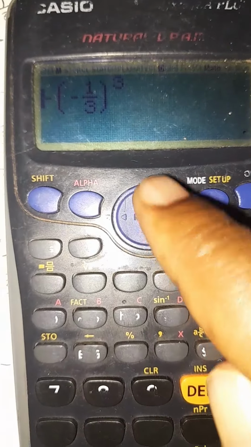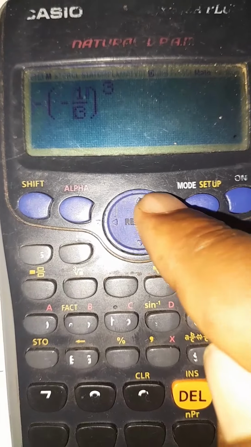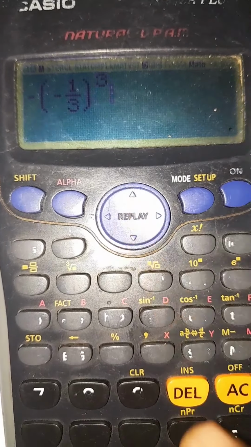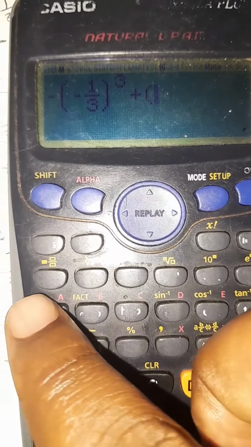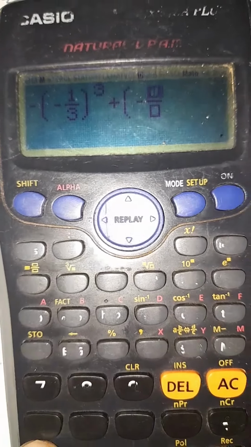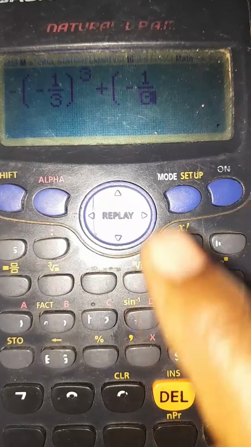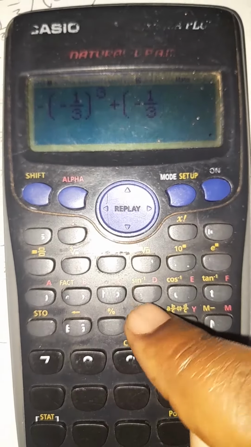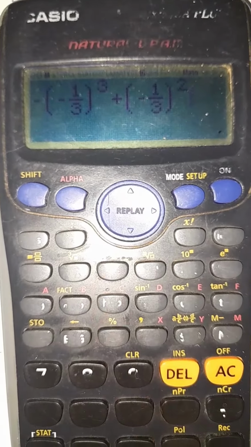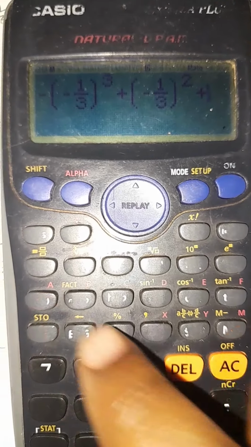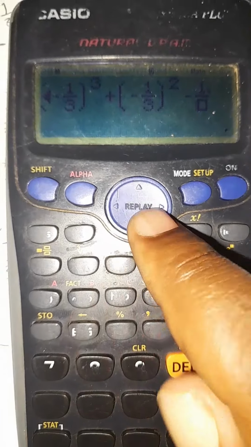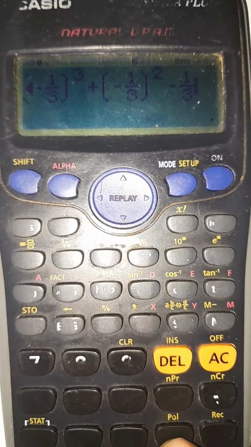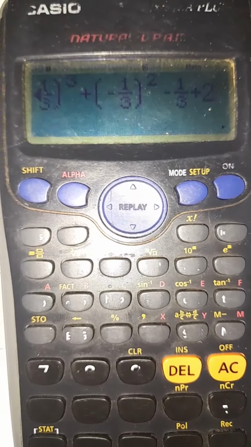Then let's put this into practice. Plus minus 1 over 3 x squared, plus, if we put negative minus, it will be 1 over 3 here, plus 2.